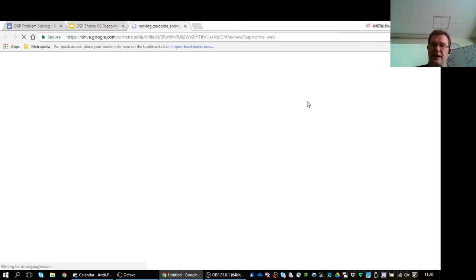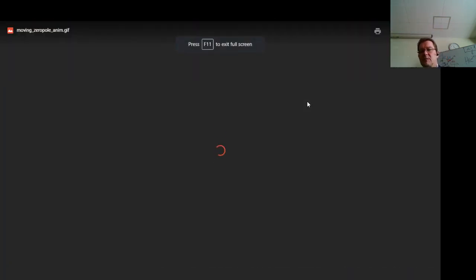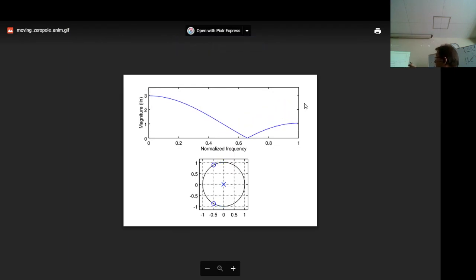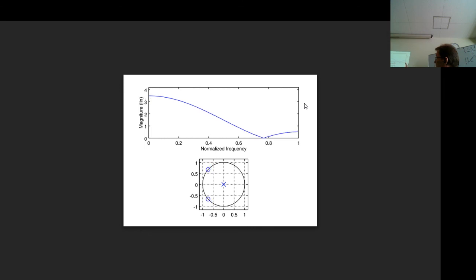Okay, let's see what kind of animation do we have here. Okay, that's what happens when you just move the zeros on the origin. So I have a zero pair located on the unit circle. And now I'm actually moving the pole. I think this is a double pole that I'm moving. So you can actually see how when you get closer to the unit circle, you get a higher Q ratio of the filter.